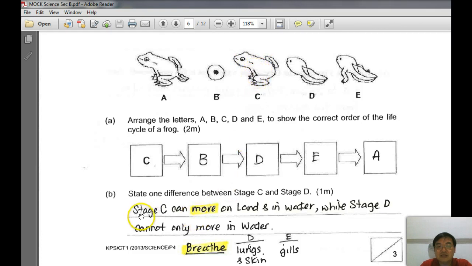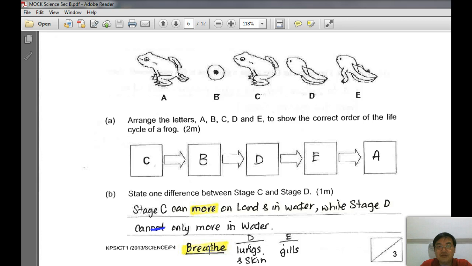So let's take a look. Stage C can move on land and in water, while stage D can only move in water. Sorry about that. Of course you may talk about the other areas.